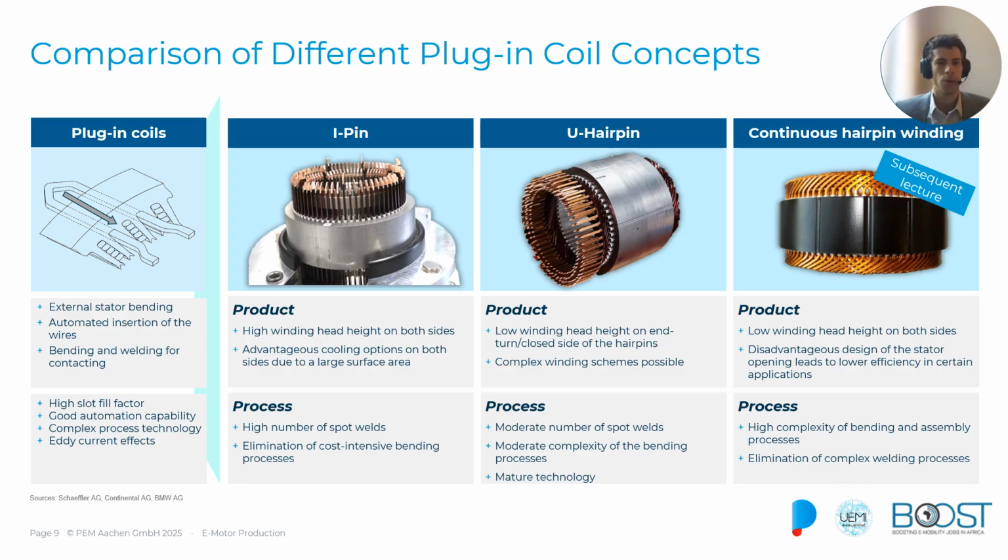With the U-pin technology, we solve this problem. We shape the pins into a U form, which looks like a hairpin, due to a 2D and 3D bending process. The advantage is a reduced number of welding spots because we only have to contact the pins on one side.